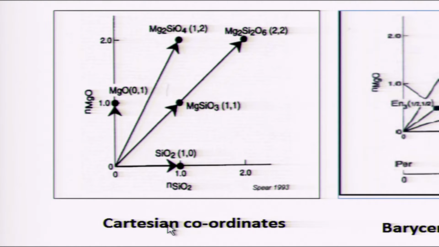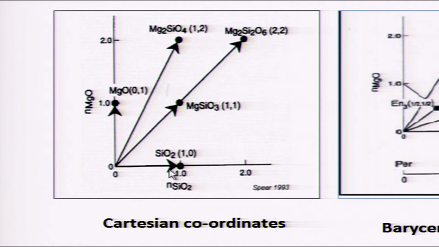In the normal plots using Cartesian coordinates and these numbers of moles as coefficients, we can plot quartz here and periclase here. For plotting enstatite we will draw one line from 1 SiO2 going up and one line from 1 MgO, and their intersection will give us a point which has 1 MgO and 1 SiO2.